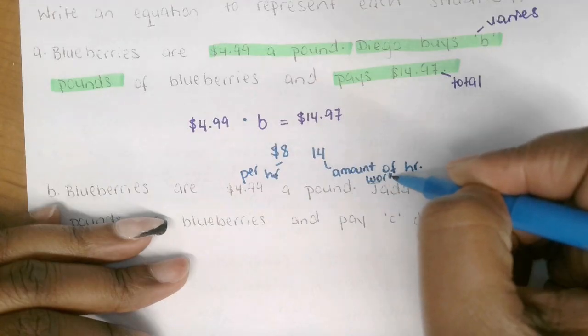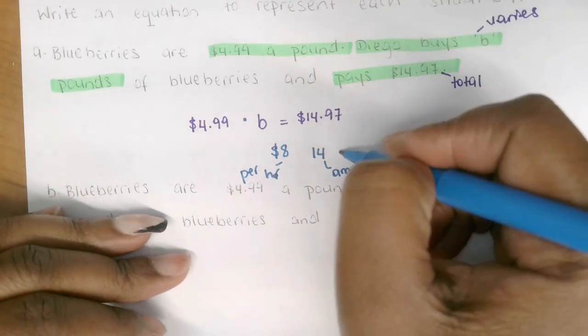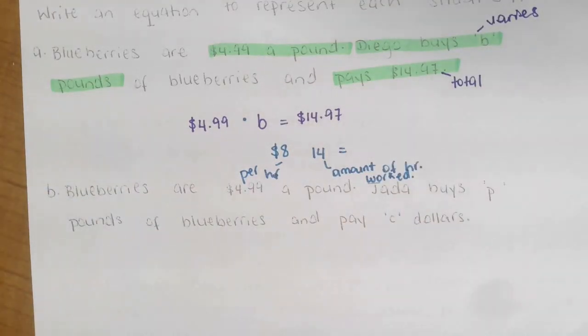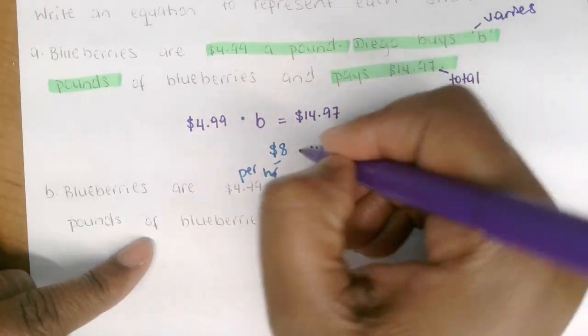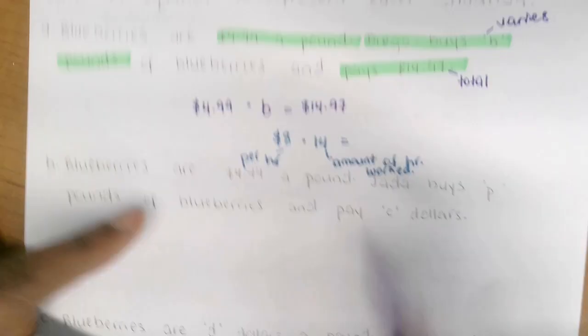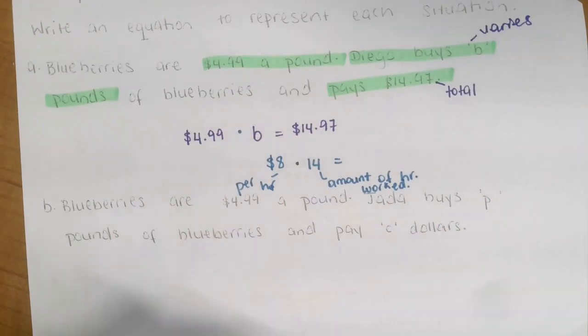To get your total pay, you would multiply the $8 an hour times the 14 to get how much your total would be. And that is how I would tell them to look at this question.